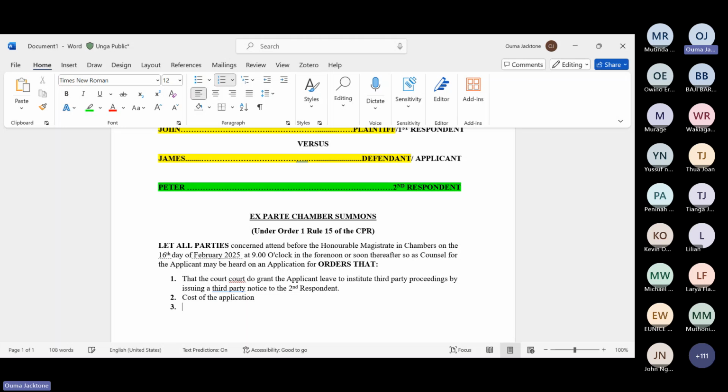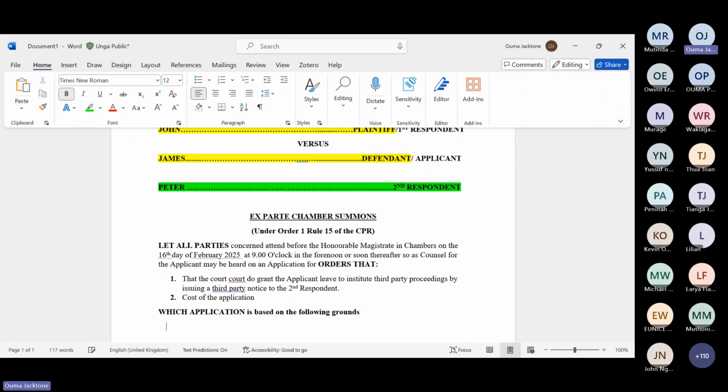And then you come back here and tell us which application is based on the following grounds.